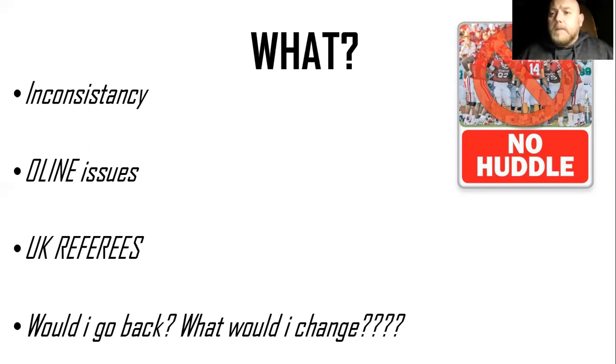It happens, but those kind of brain farts, so to speak, usually end up costing you as an offense, whether it's a down or something bigger. So one of the biggest problems was the inconsistencies that we came up with during the course of the season.